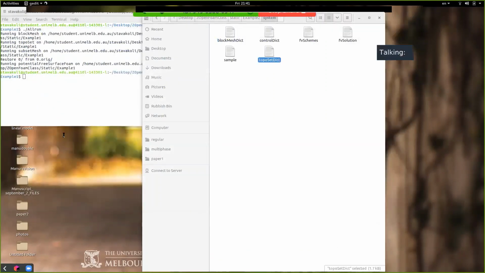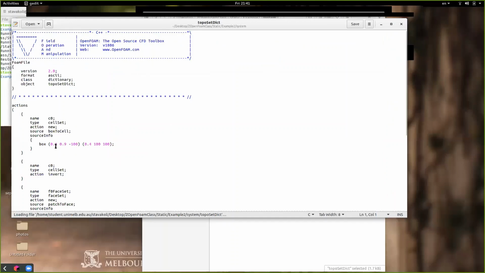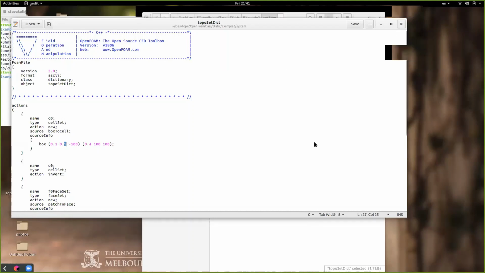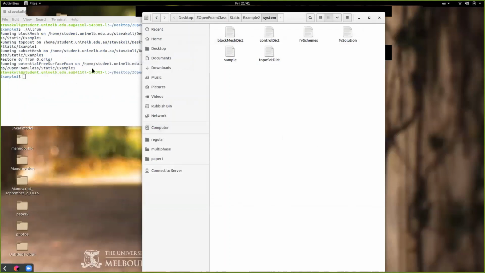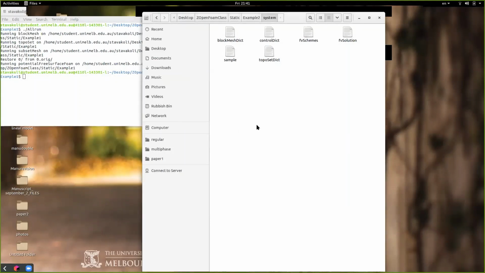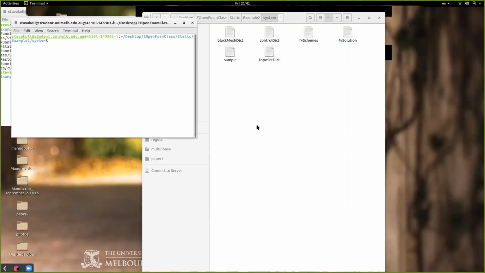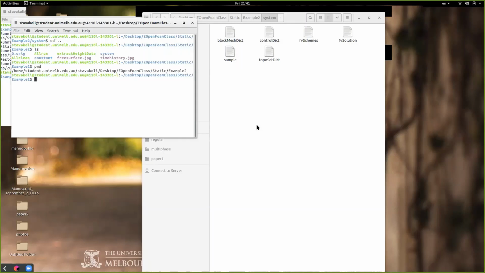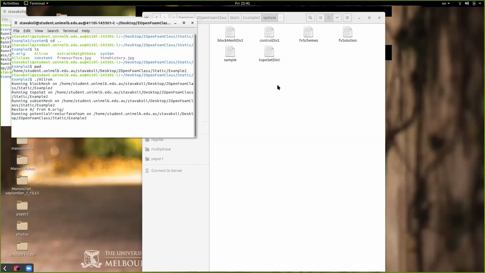But just for the case of the topoSet directory, I set the box to be a little bit tinier because I want to fit it in the domain. So I just did the same thing, just change the domain. I want to check whether it works for the case of shallow waters or not.